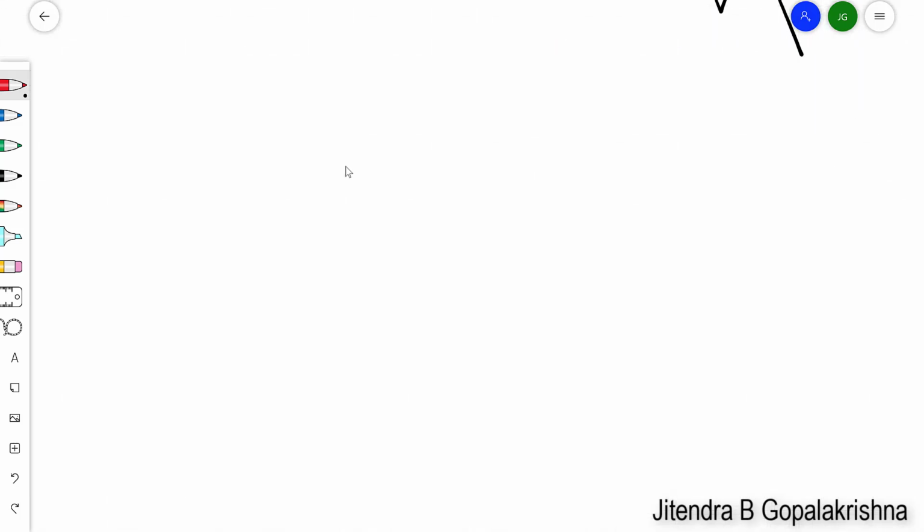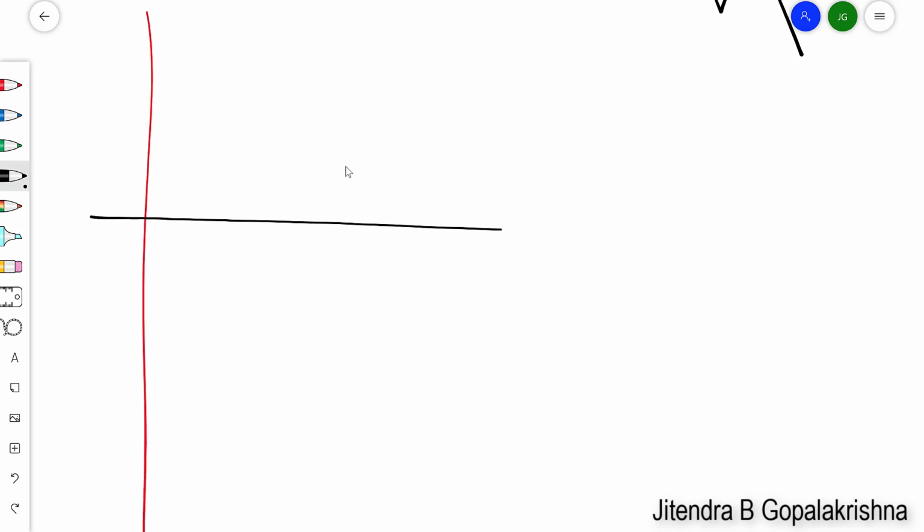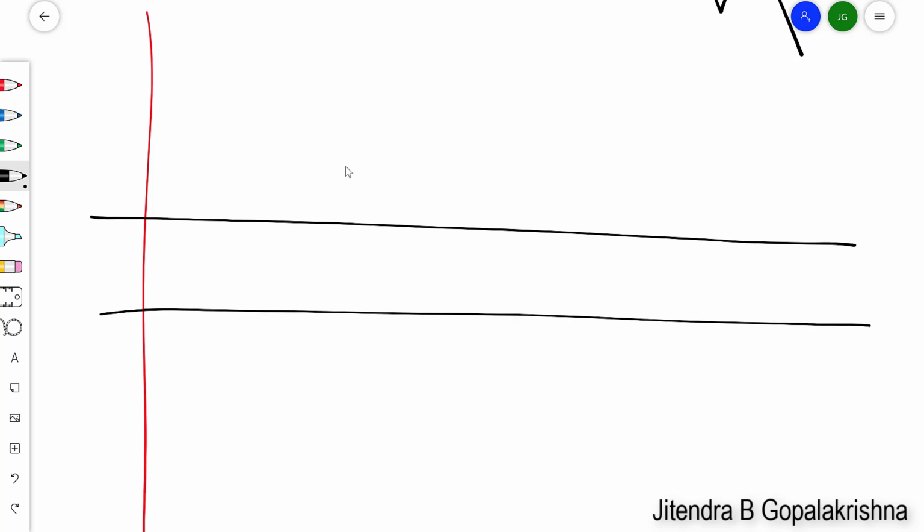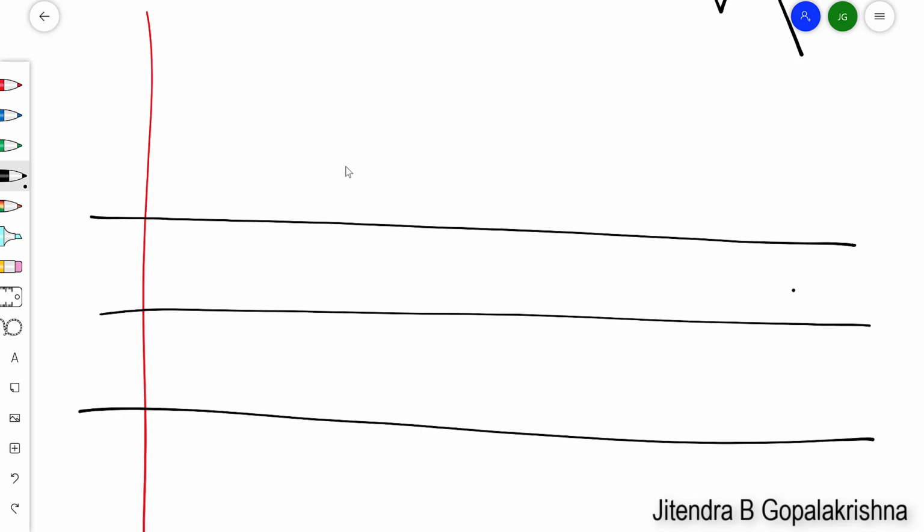So let us say this is the price chart, and this is here the RSI. Let us say this is 60 RSI and this is 40 RSI, right? You are going to trade in 15 minutes time frame.